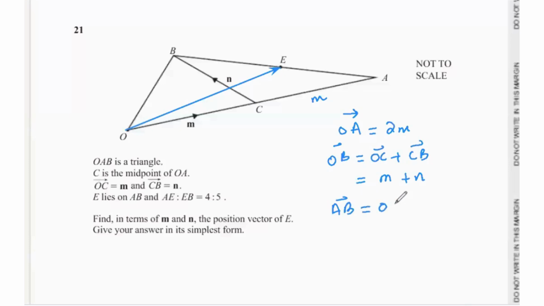AB is going to be OB minus OA. The reason I'm going to find AB is because I want to use that to figure out what AE and EB is, and then we're going to use that to find OE. So AB is OB minus OA, OB is M plus N, and OA is 2M. So that's going to be N minus M, that is AB.